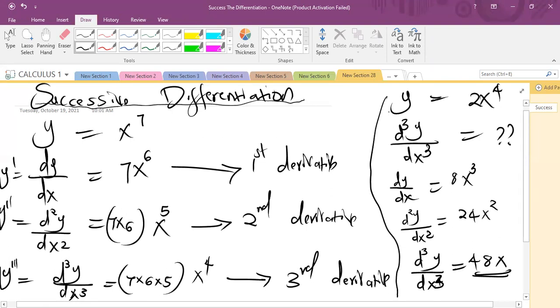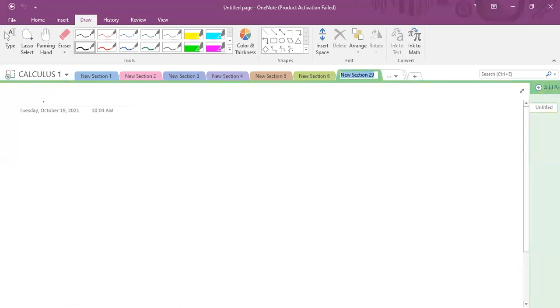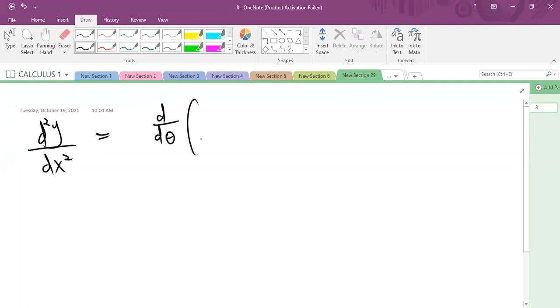So I would like to write the second derivative of the parametric equation so that we can go over it again. I said that if you're being told to differentiate a parametric equation, the second derivative, d²y/dx² of parametric differentiation, is given by d/dθ of dy/dx, all divided by dx/dθ.